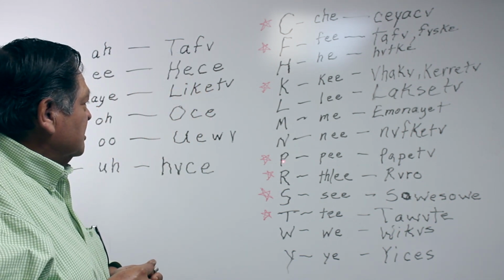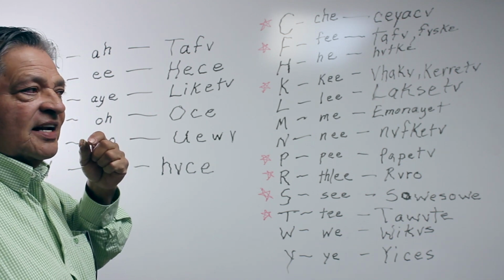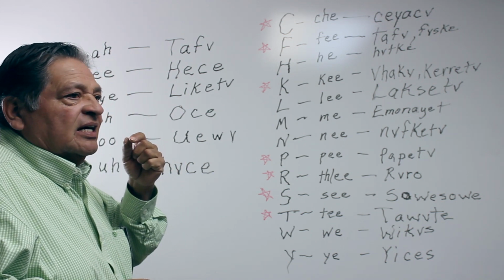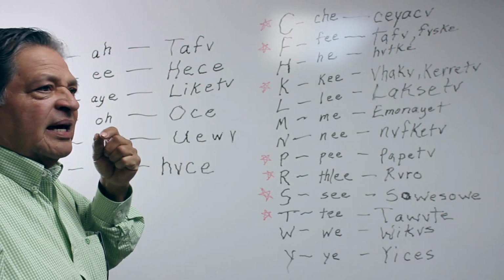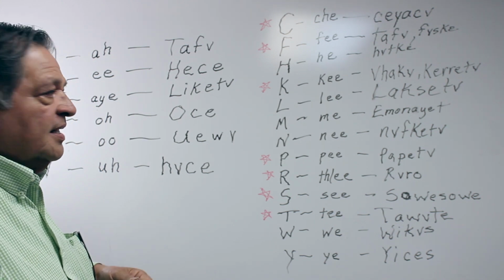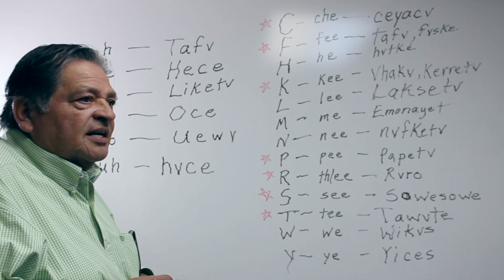Next character is B. Once again, withhold the air when you say it. Don't make it sound like the English P. It's B. Almost a cross between a P and a B. That's why it's got the star there, because it's used both ways. It's used as a P in some words and a B in other words.